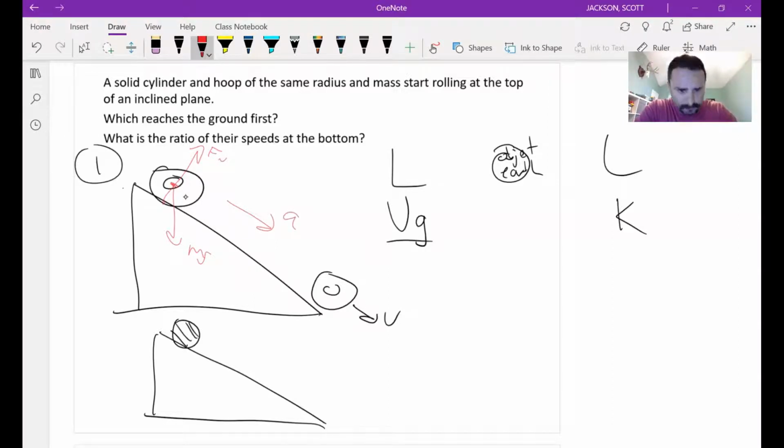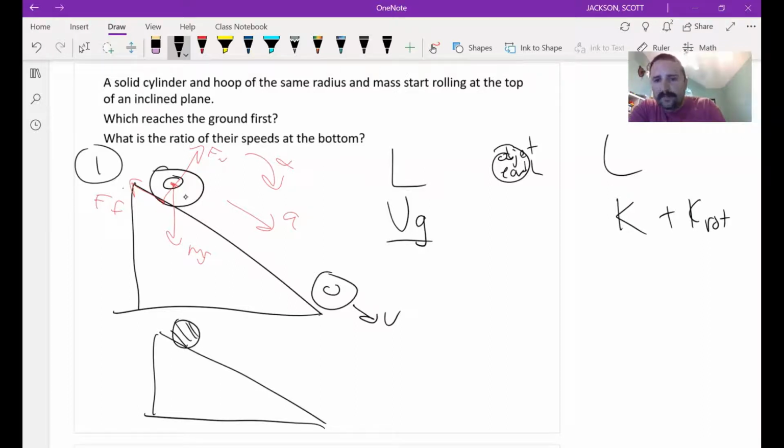Acceleration is this way, and I need rotation that way, because friction always has to fix that. So friction must go up the ramp to get that rotation going. So then I would have rotation. So then this is also K rotationally.